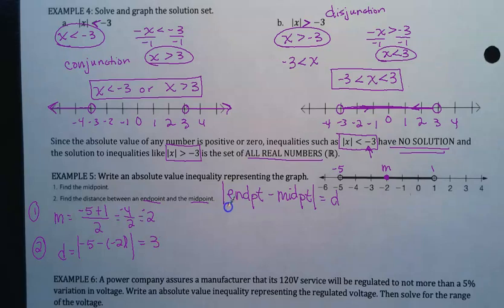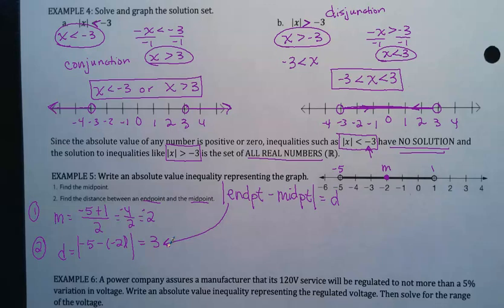Okay, so we're using this formula there to find our distance. So 5 minus -2 is a -3. The absolute value of -3 is 3. Maybe I should have put a little bit more work there for you.